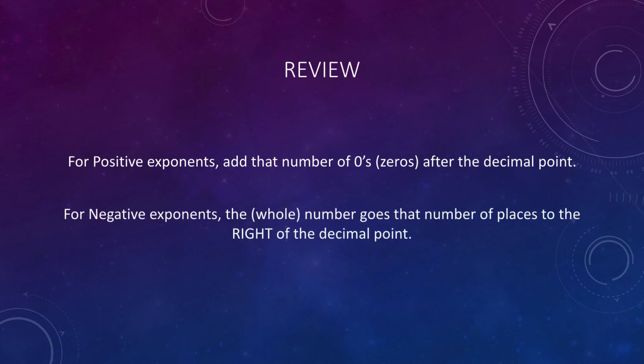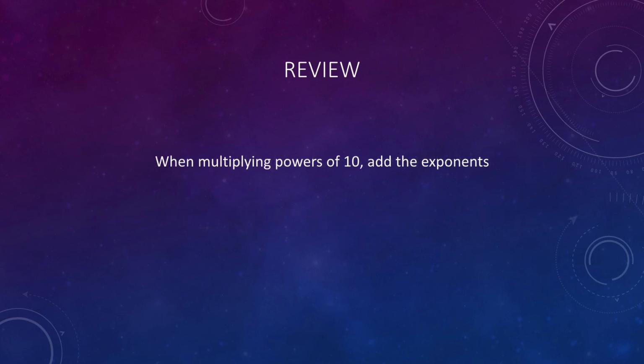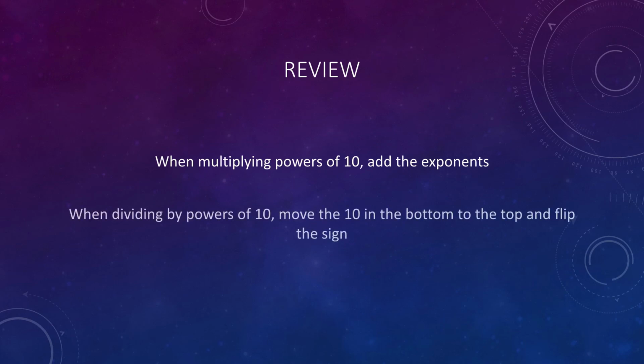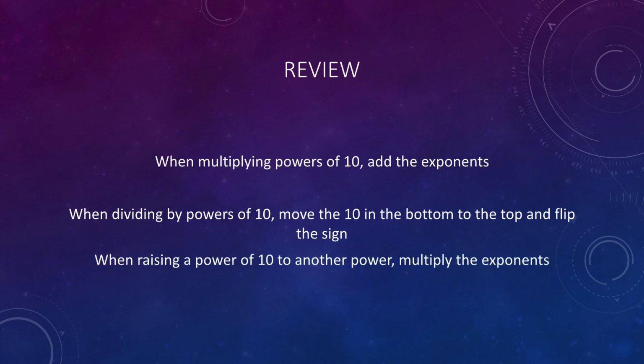For negative exponents, the whole number goes that number of places to the right of the decimal point. When multiplying powers of 10, add the exponents. When dividing by powers of 10, move the 10 in the bottom to the top and flip the sign. When raising a power of 10 to another power, multiply the exponents.